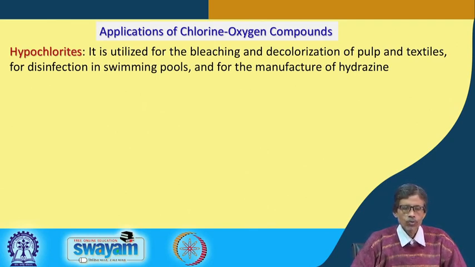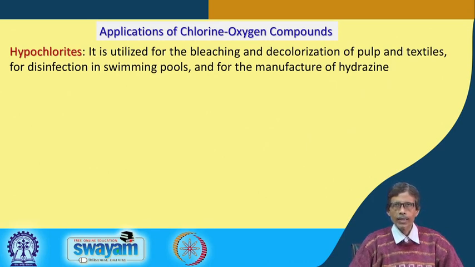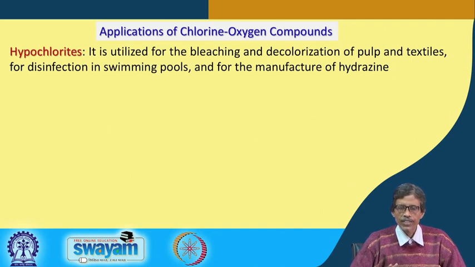So they are useful for bleaching and decolorization of the material used in the paper industry, the pulp, which is a red to brown to very dark solution if coloring matter is still present. If we want to remove those coloring matters from the pulp, we use hypochlorite to decolorize it such that you have a colorless solution.